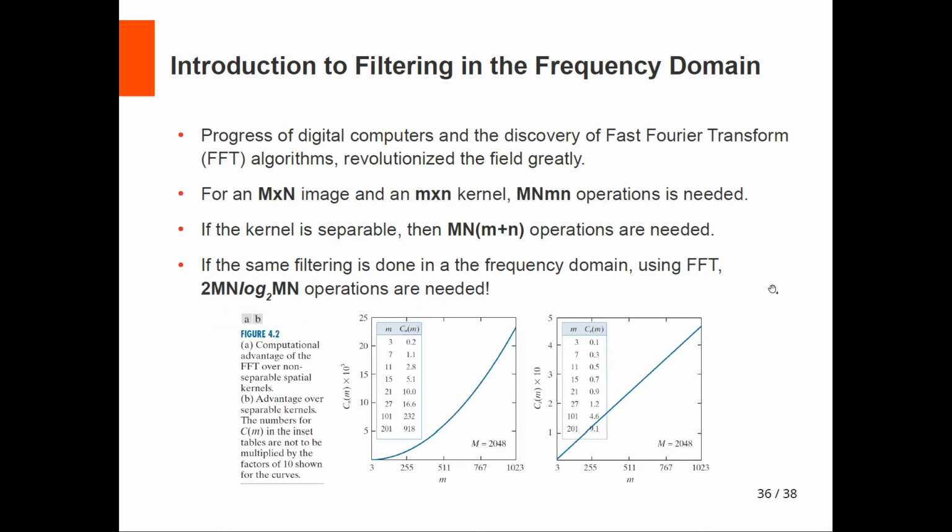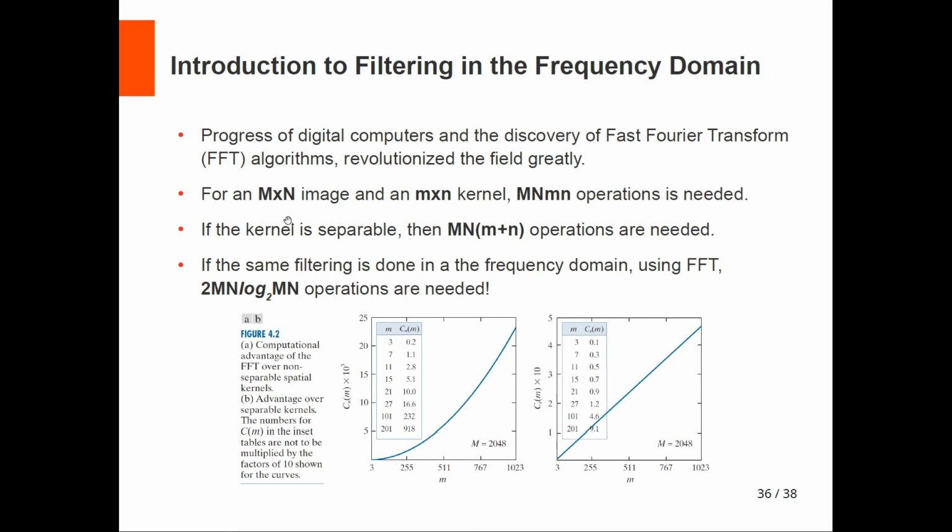To see why Fourier transform is useful, let's just quickly go back to the previous lecture, in which we saw how having a separable or non-separable kernel can help us reduce the computational time.